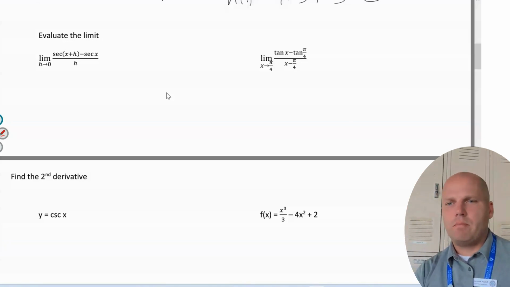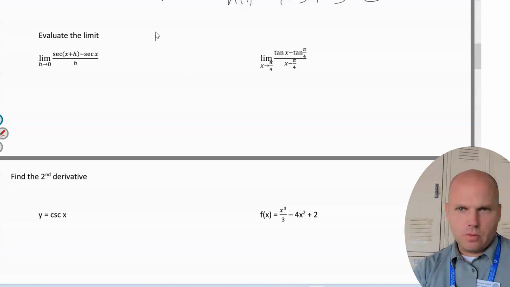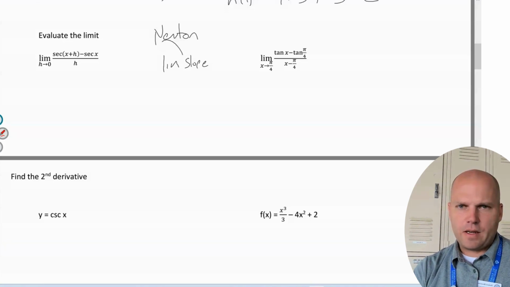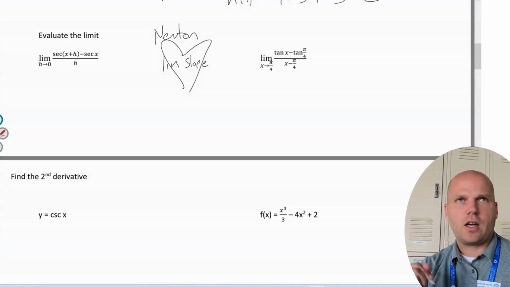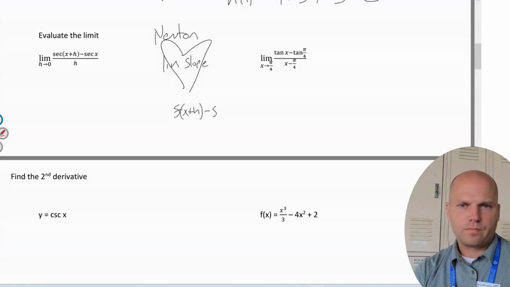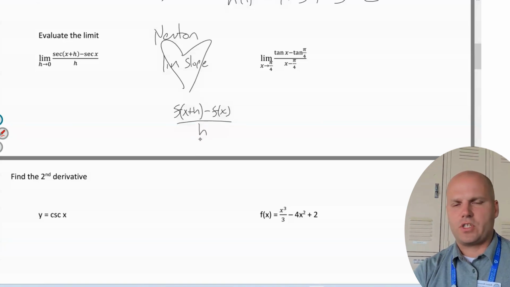We have to remember that Newton said, hey, take a slope, put it with a limit, and you will talk about a derivative. You'll get a tangent slope. He used this slope equation, which is two y's, 2 points, h distance from each other.